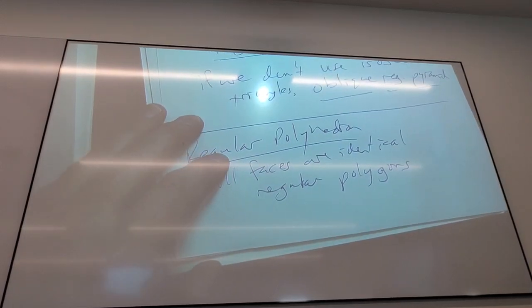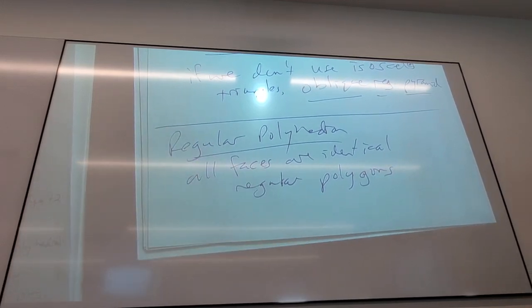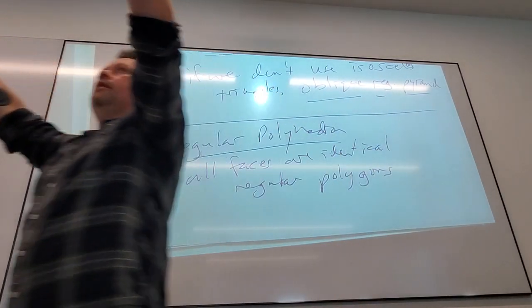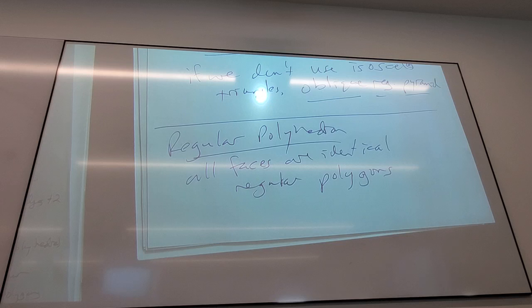And so real quick. Okay. To be a regular polygon, I needed all my sides to be congruent and all my angles. So to be a regular polyhedron, I need all my faces, which are like 3D sides, to be congruent and regular polygons.